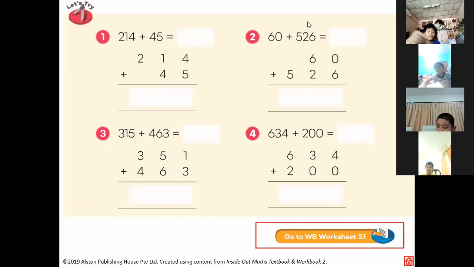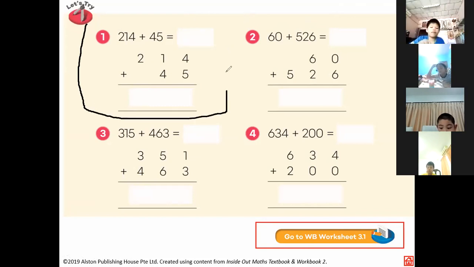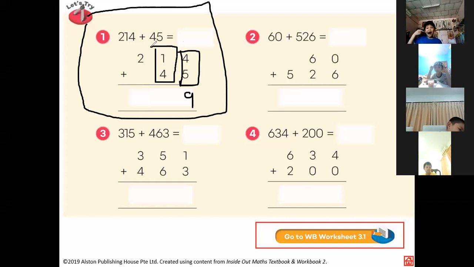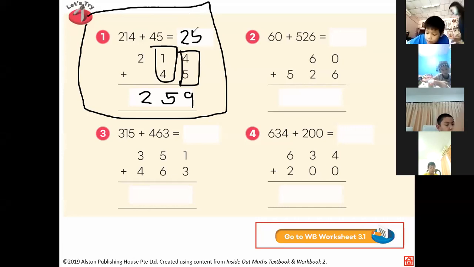What's the answer for number 1? 214 plus 45. First is we have to add this one, which is 9. And then 259. Very good. So the answer is 259.